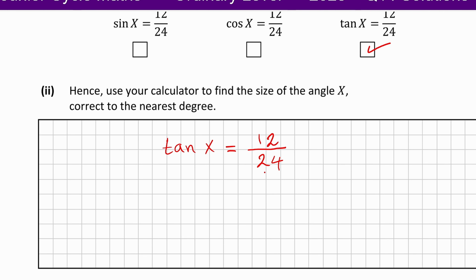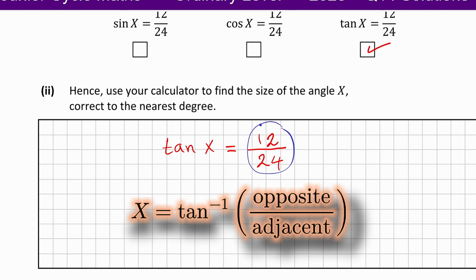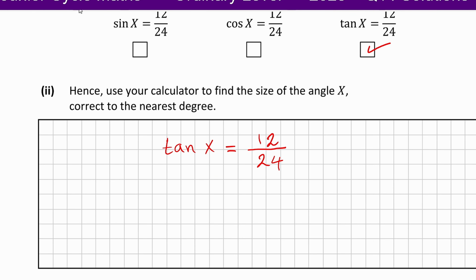To get X, we have to use the inverse tangent of this fraction. So X equals inverse tangent of 12 over 24.